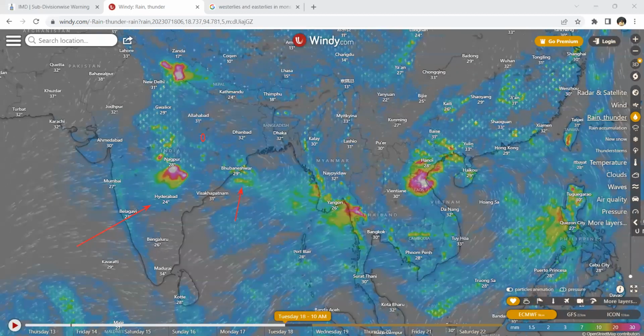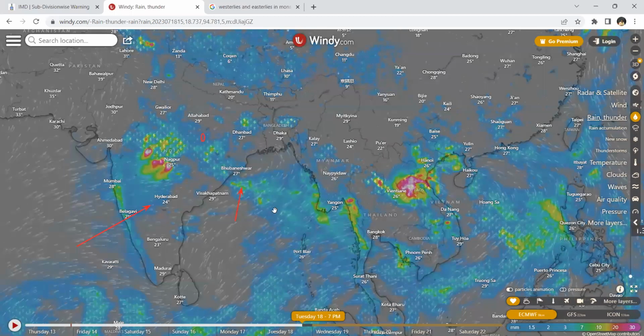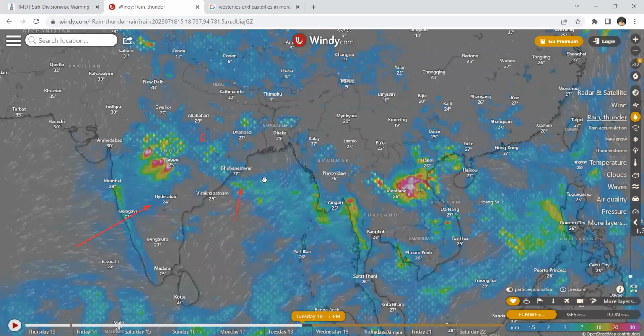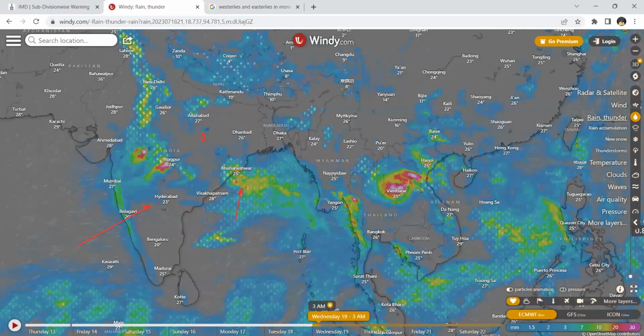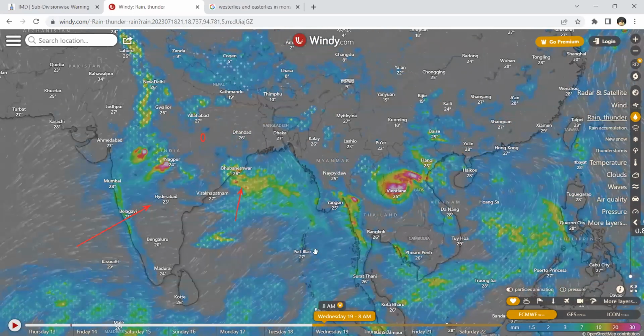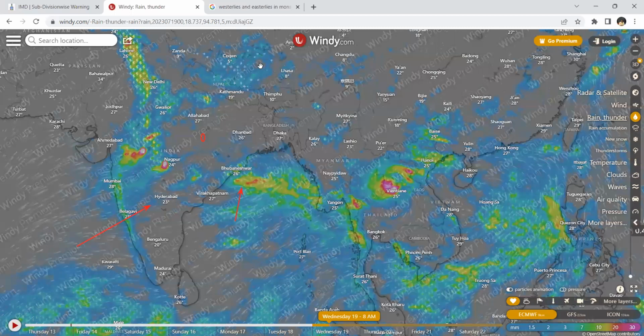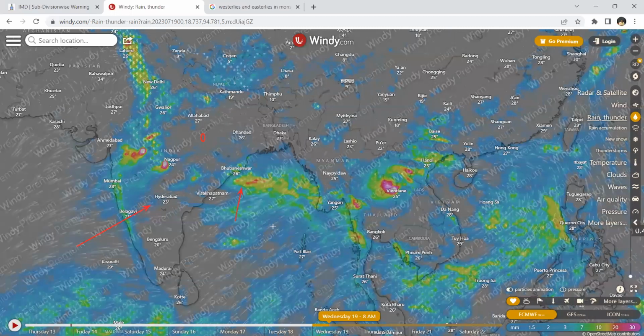So if I look into 18th, there is still cyclonic activity. There is a low pressure area there, and gradually this can result in heavy rainfall in these regions.